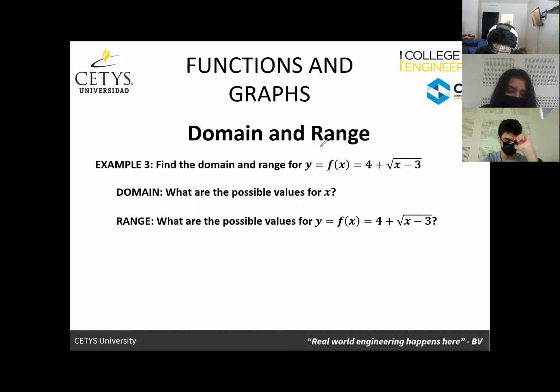So let's look at this one here again. What do we have there? We see that we have a square root, right, Ivan? Mm-hmm. So what would be the restriction then?